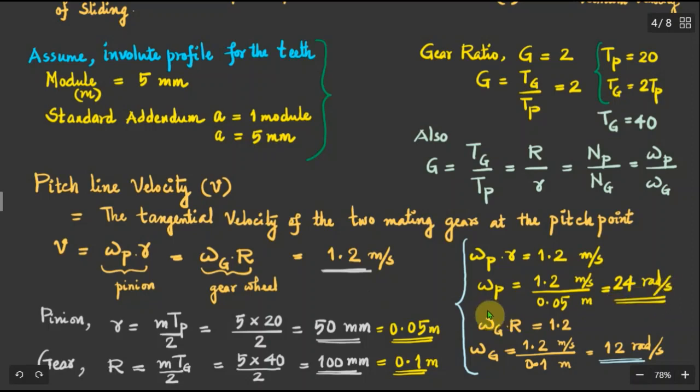That is the angular velocity of the pinion. Similarly, the angular velocity of the gear into the pitch circle radius of the gear also gives the pitch line velocity, 1.2 meter per second. So omega g is equal to 1.2 divided by capital R, that is 0.1 meter, so we get 12 radian per second. So we got the angular velocities of both the pinion and the gear.